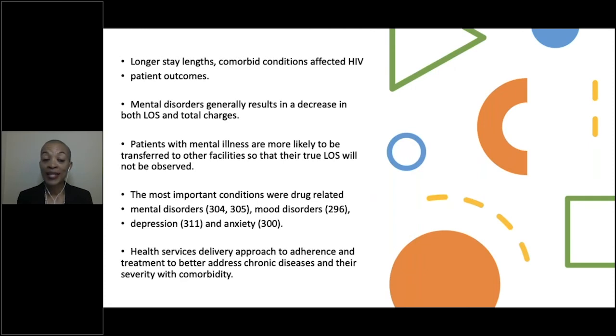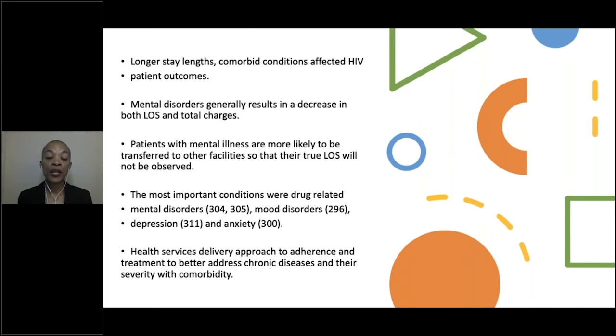What did we learn in this case? We learned longer length of stay and comorbid conditions do affect HIV patient outcomes. Mental health disorders generally result in a decrease in both length of stay and total charges.